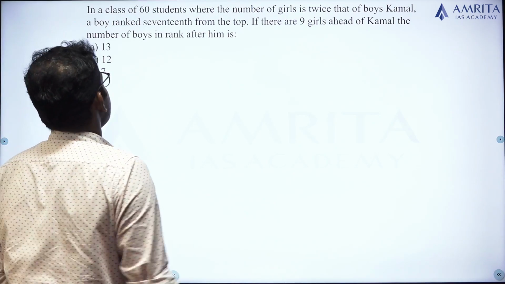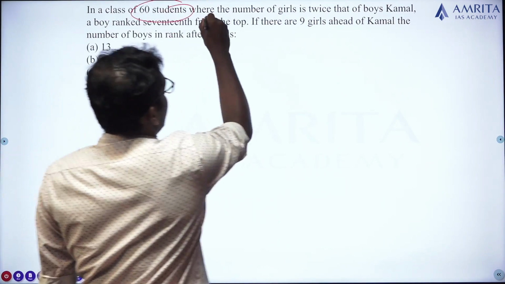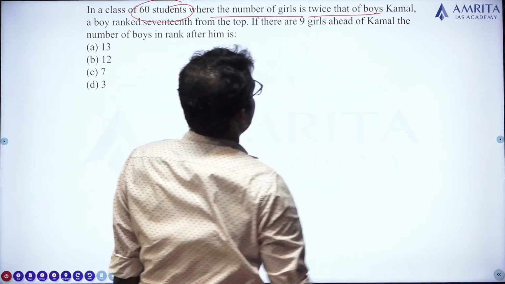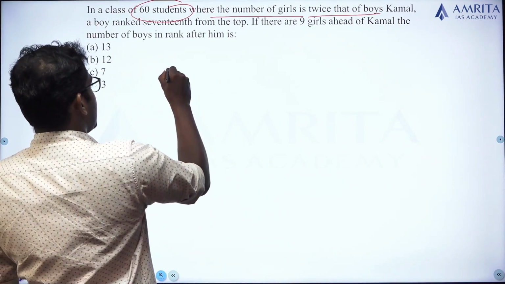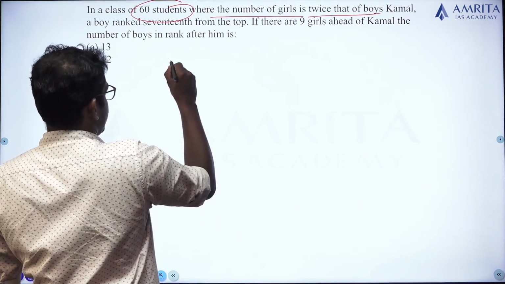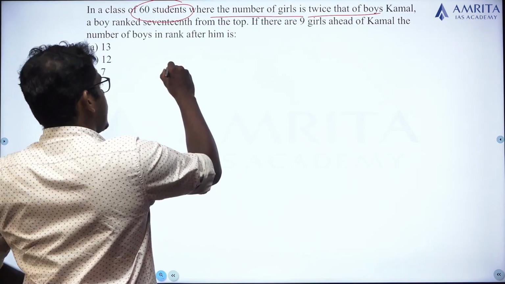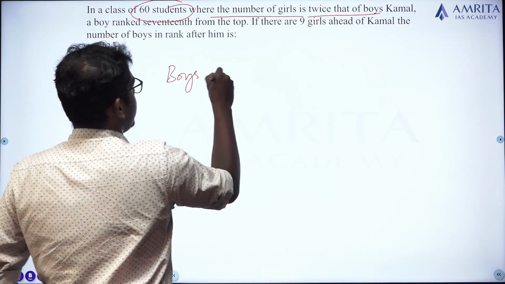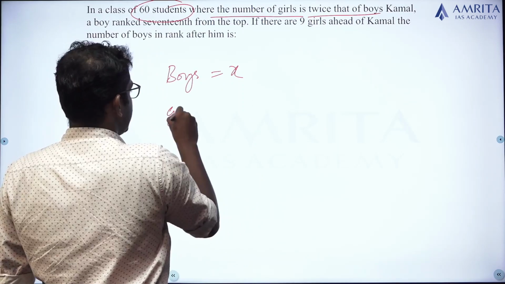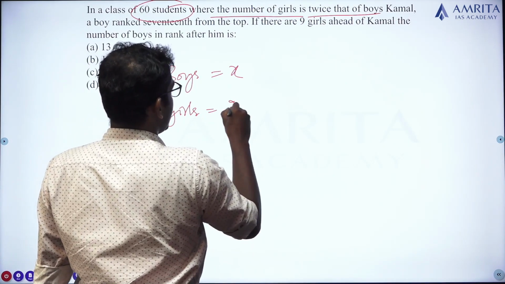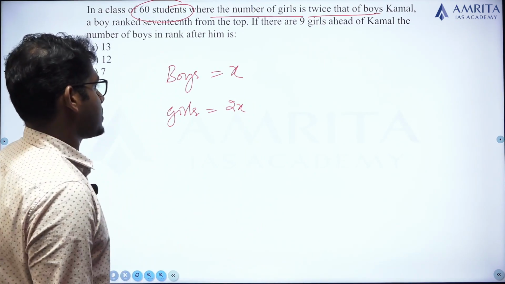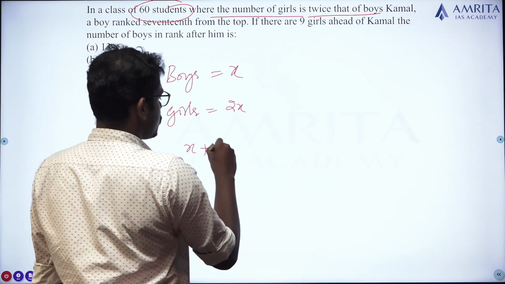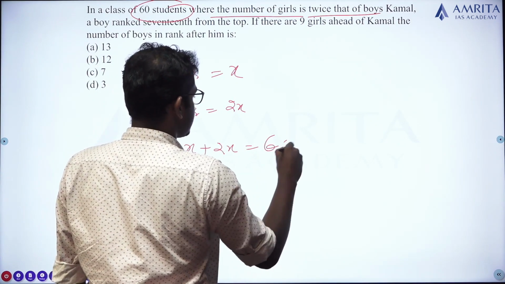In a class of 60 students, the number of girls is twice that of boys. Let the number of boys be x. Then the number of girls will be twice that, that is 2x. So x plus 2x, the total number of students, is 60.